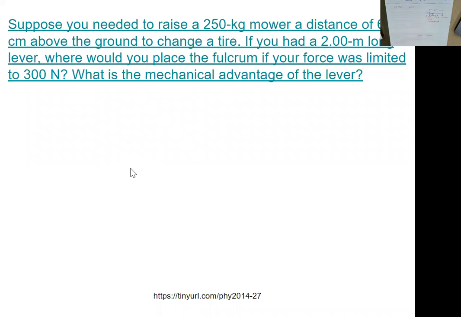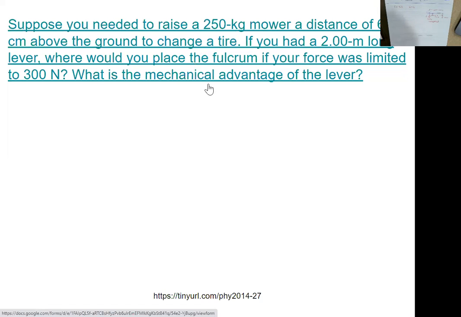All right. So let's take a look here. Sometimes when a problem gives you some information, some of the information you actually don't use. For example, here it says you want to raise the mower 6.00 centimeters above the ground. That doesn't actually apply to any of the equations over here. So this is just a kind of confusing piece of information.